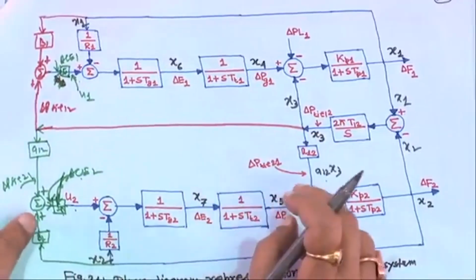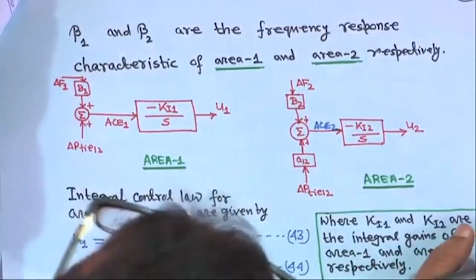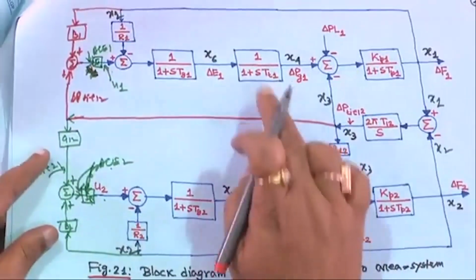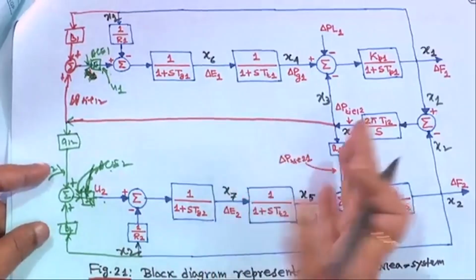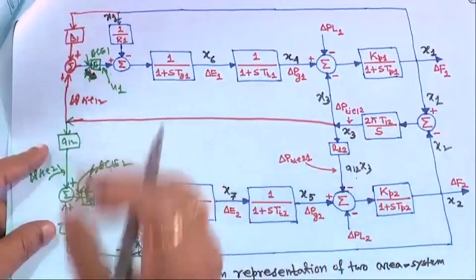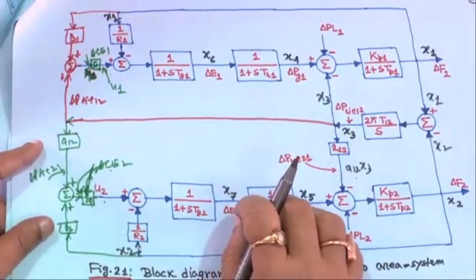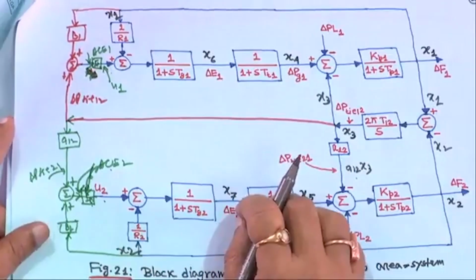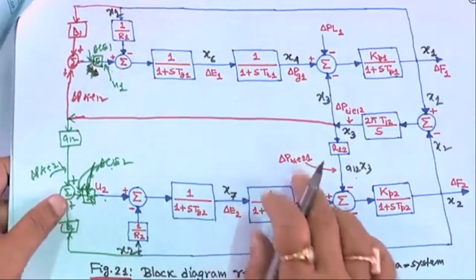For this two area system with the standard parameters, which I will give you later, if they are equal area, Ki1 equal to Ki2 equal to Ki gives more or less good results for a value of Ki roughly equal to 0.7.